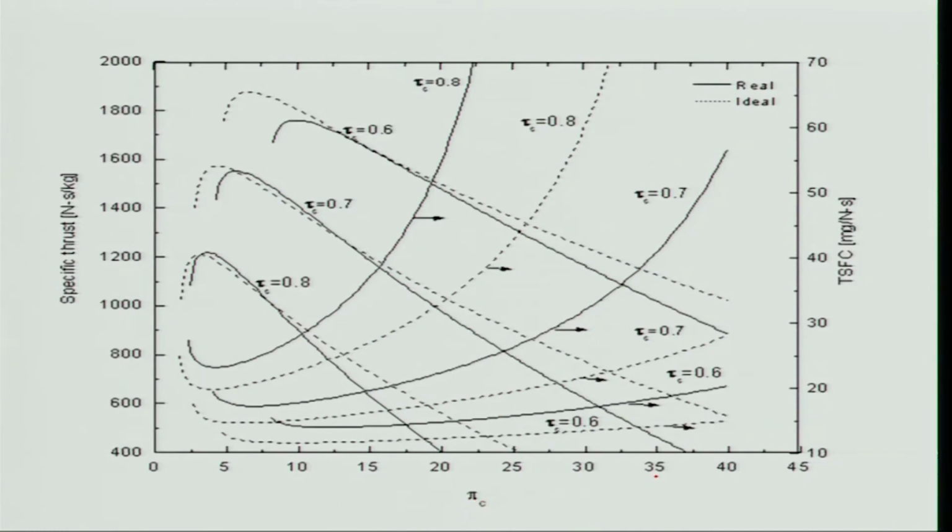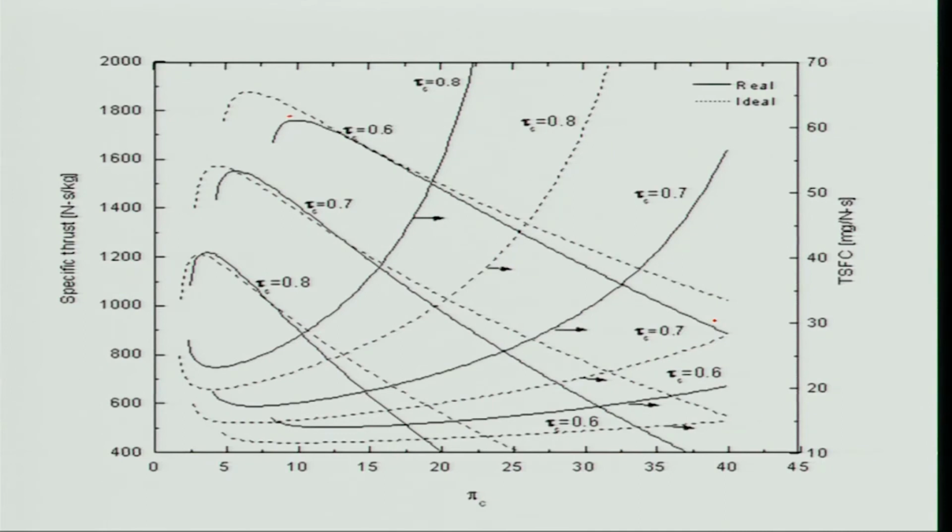You can see that the solid line corresponds to the real cycle and the dashed line corresponds to the ideal cycle, and in this case specific thrust goes on increasing with the fan pressure ratio, has a peak value, and then it goes on decreasing, right.